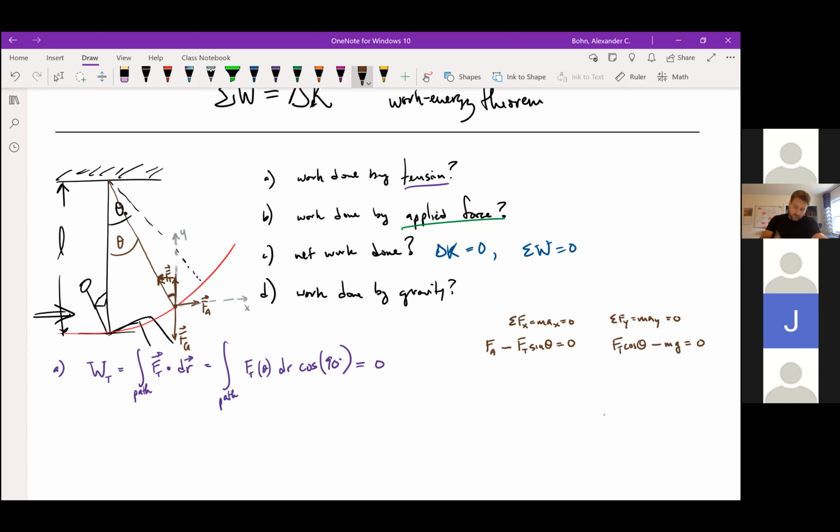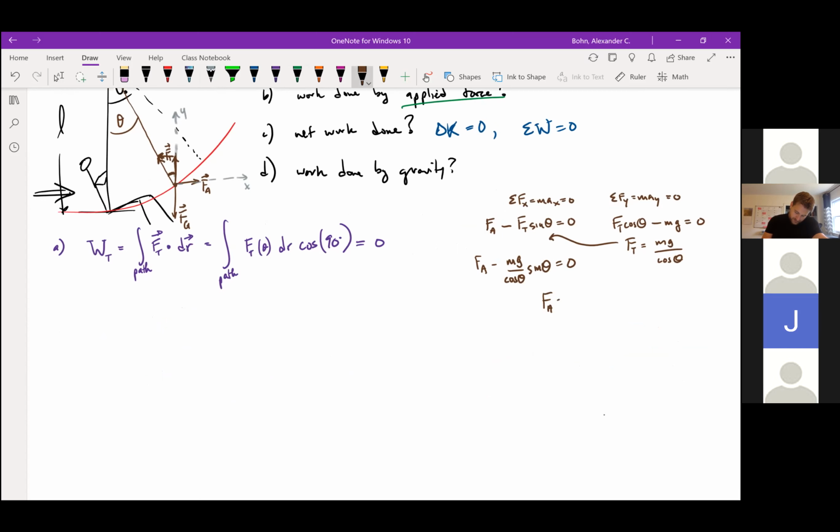What is it we're trying to find? We need the work done by the applied force. So we need to know what the applied force magnitude is. All right, so it's applied force we want. So we need to solve this one. And plug that in here. Mg over cosine times sine equals 0.